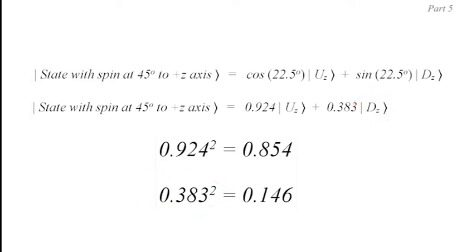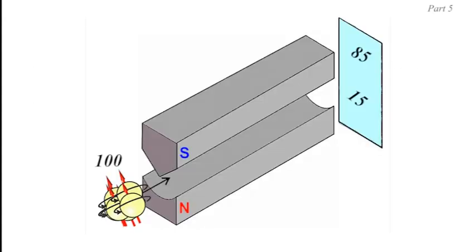This gives about an 85% probability for up and a 15% probability for down. So if we started with 100 electrons, all at 45 degrees to the positive z-axis, and they went through some imaginary Stern-Gerlach apparatus, then about 85 of them would go up and 15 would go down.